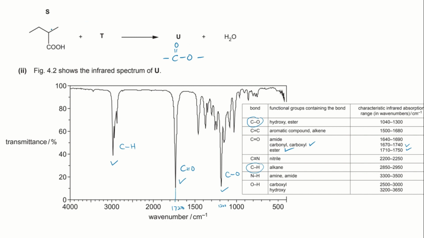S is a carboxylic acid. It reacts with T to form U. One water molecule is eliminated. This is a condensation reaction. Carboxylic acid will only undergo one type of condensation reaction, which is formation of ester. So that also will give us a clue that U is an ester before looking at the infrared spectrum.